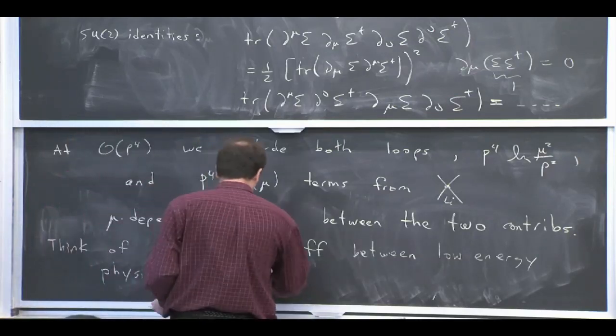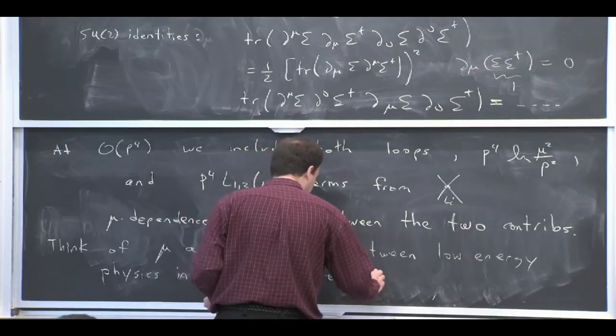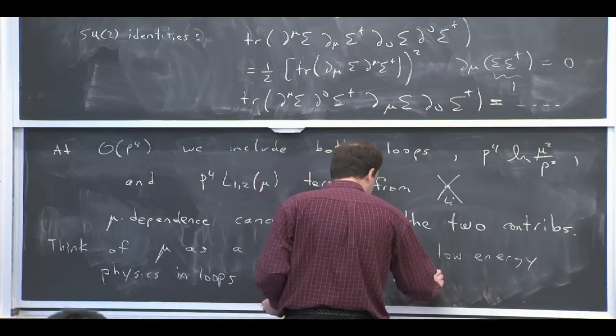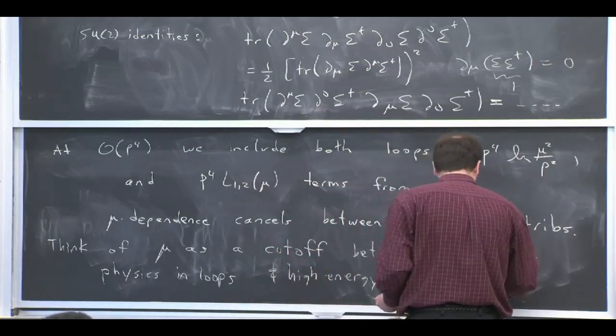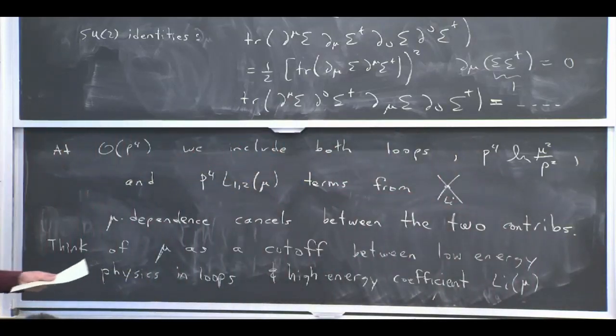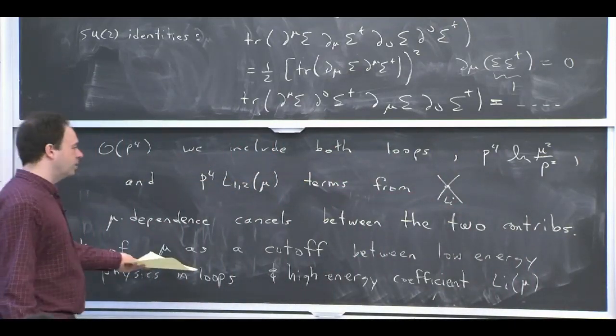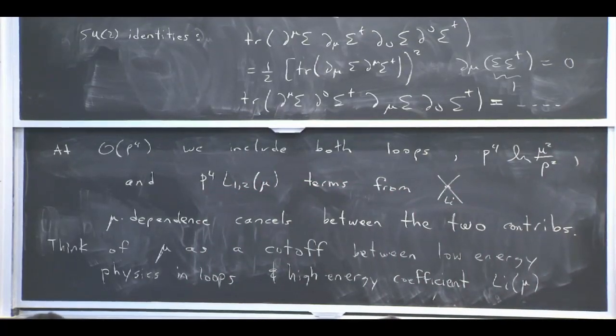And the high energy physics is in the coefficients, as usual. They're both mu-dependent, and you can think of that mu-dependence as a cutoff that divides up how much of the physics goes into those low-energy loops, how much of the physics goes into the couplings.